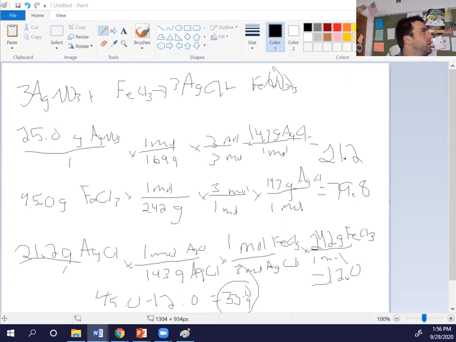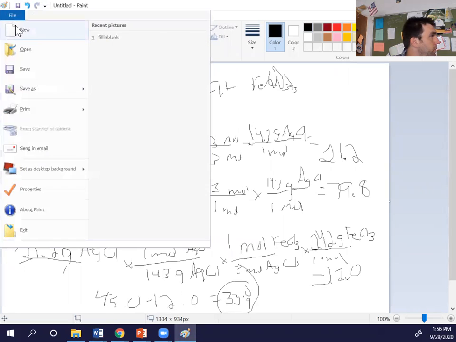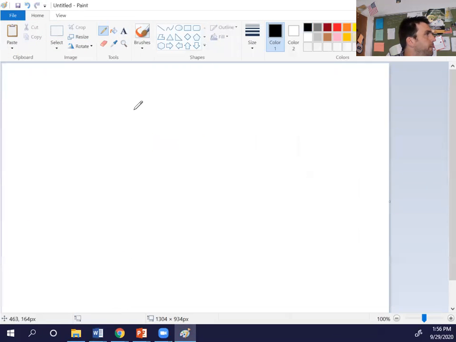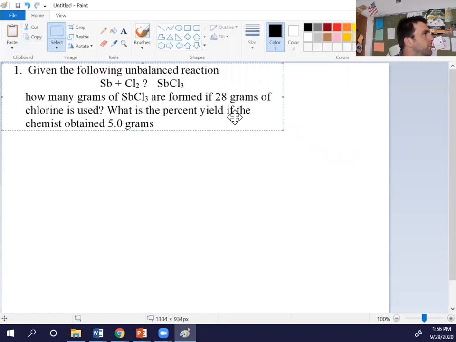Last example of the day is not a limiting reactant one, just because I didn't want to work another one that was out. That should be an arrow. It has a question mark, but that should just be an arrow. Given the following unbalanced equation, how many grams SbCl3 are formed if 28.0 grams of chlorine is used?